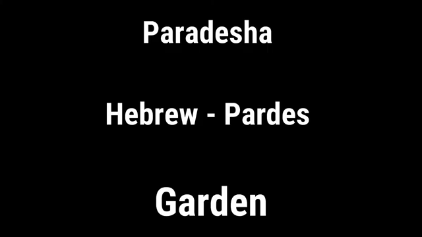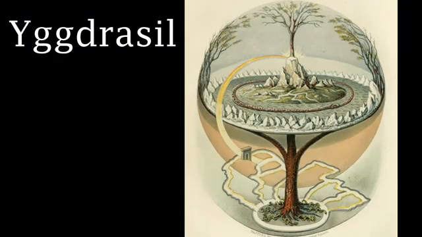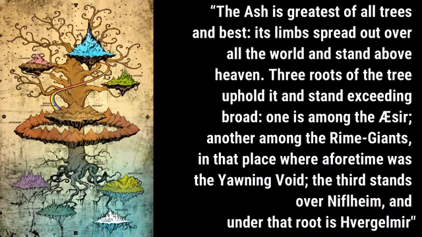In Norse mythology, we have Vergelmir, the whirlpool at the roots of the cosmic tree Yggdrasil, where we are told all rivers flow from. The ash is greatest of all trees and best.